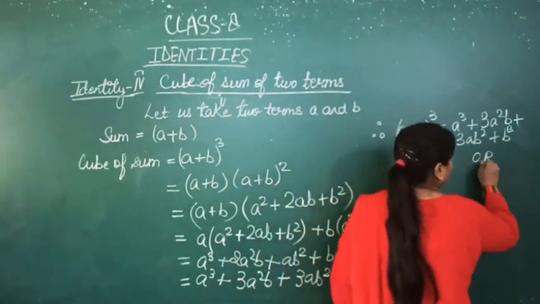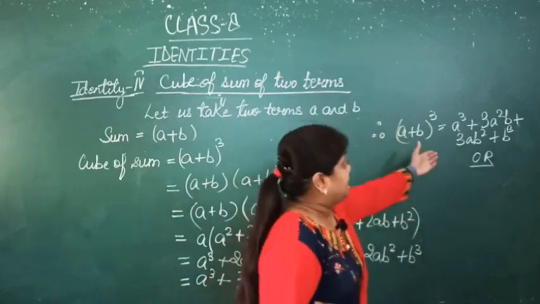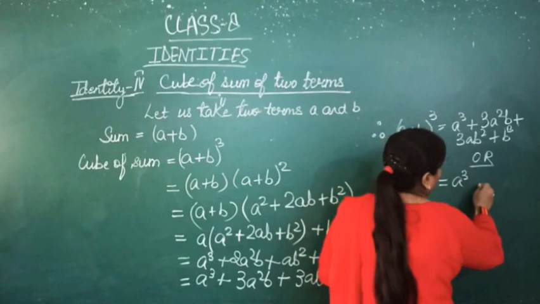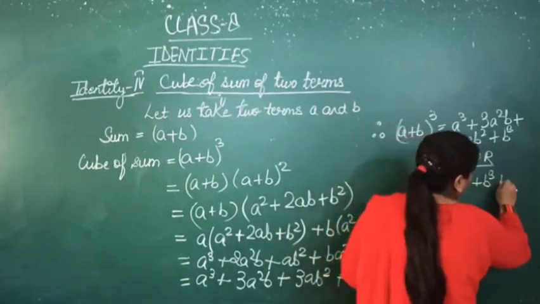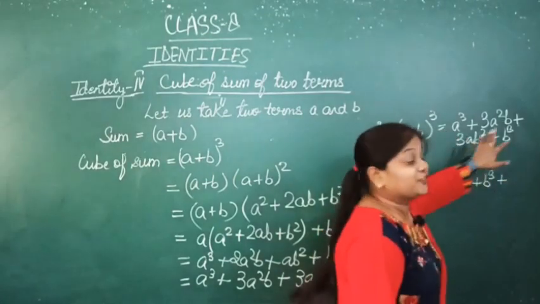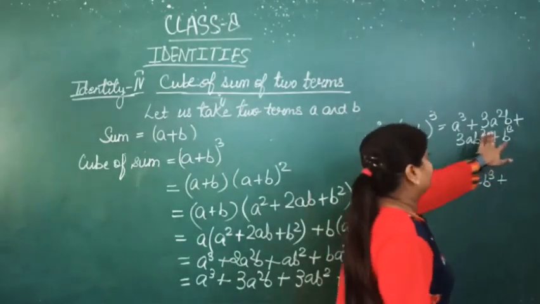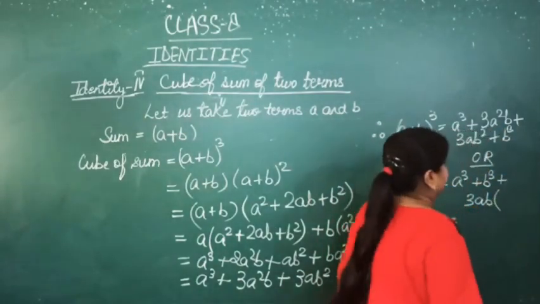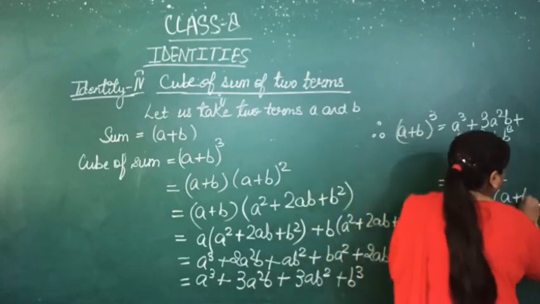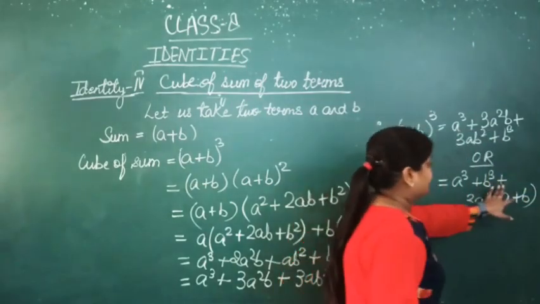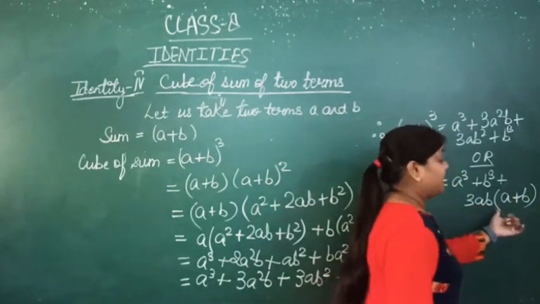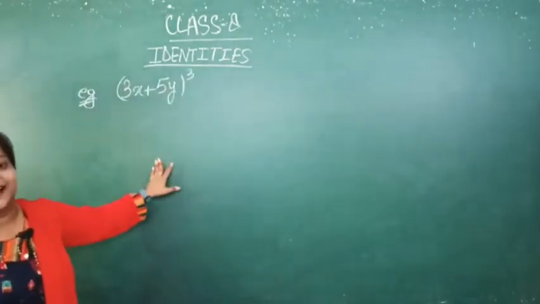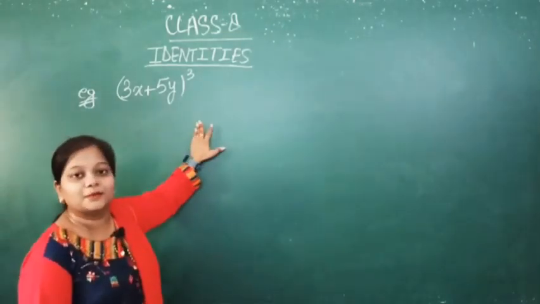Or we can write this formula as a cube plus b cube plus, taking 3ab common from these two terms, we'll get a cube plus b cube plus 3ab (a plus b). Let's learn how to find the cube of two terms.